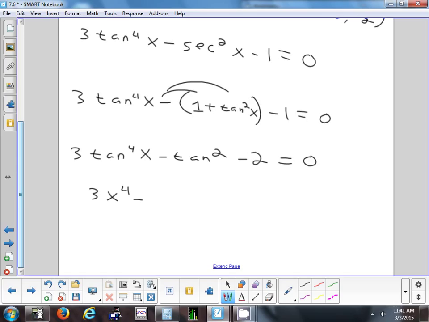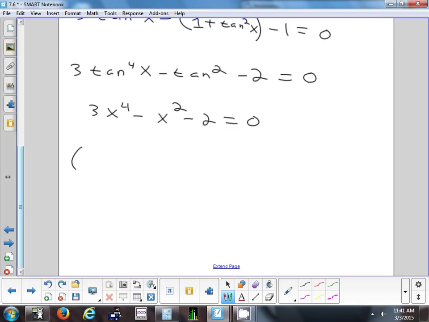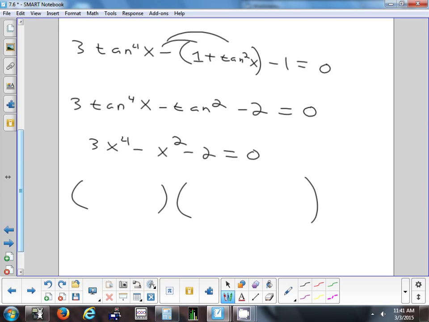It's kind of like factoring this. So Darren, if I was going to factor that, what would be my first term in each parenthesis?